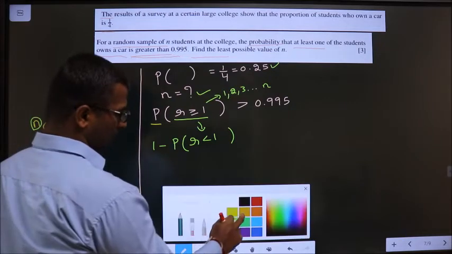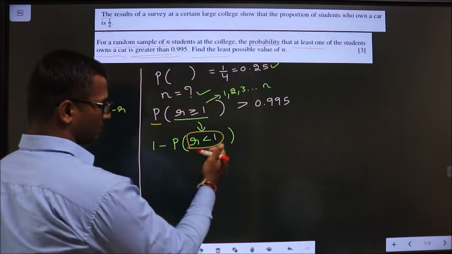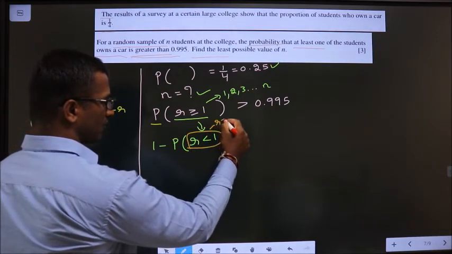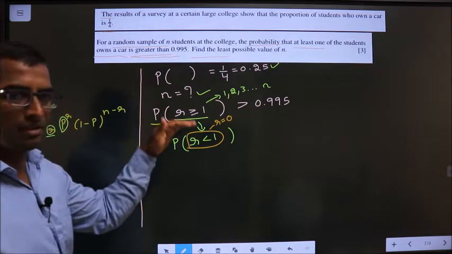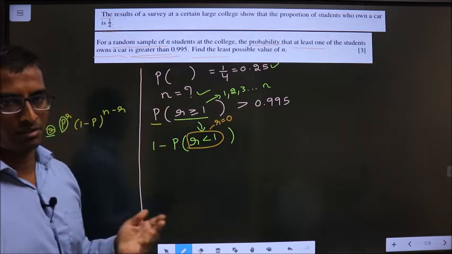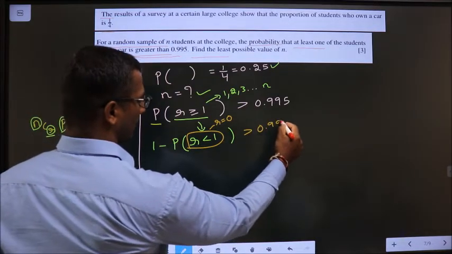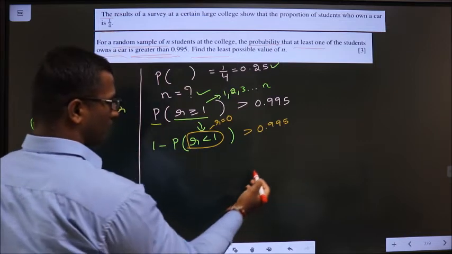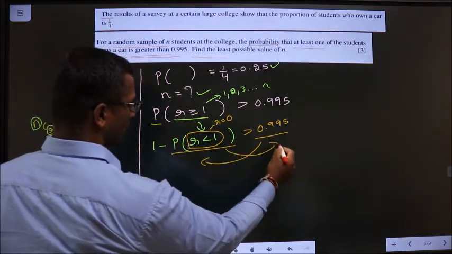Now what will be the value for r? R is less than 1, so r value will be 0. By doing this step, I have decreased the value for r. Okay. Now, greater than 0.995. Now, all the numbers one side and this to the other side.